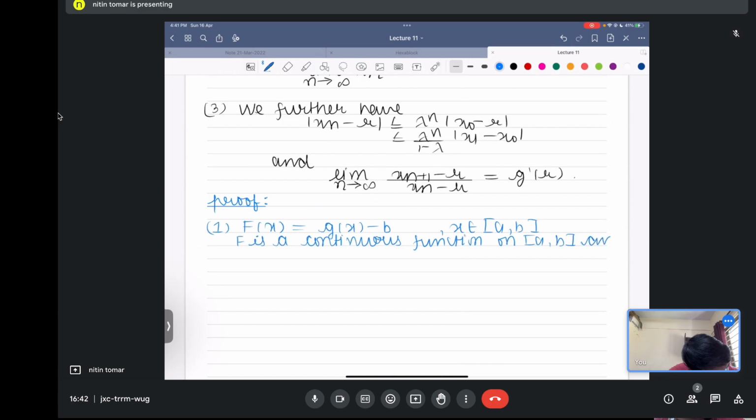And what is f of a? f of a is g of a minus g of b, and because g is a self map from a to b, the maximum it can go to is b.